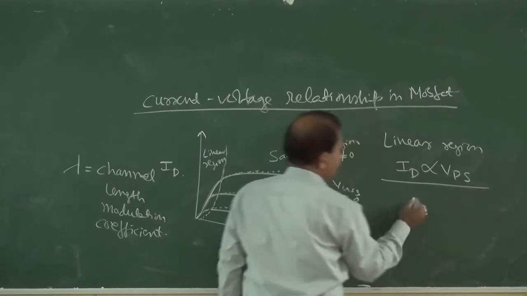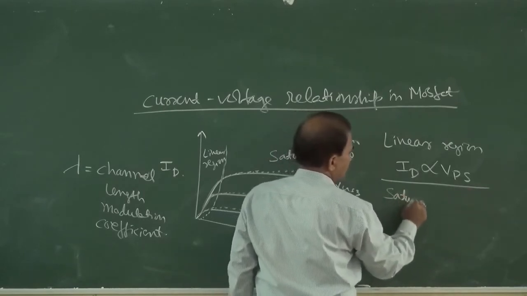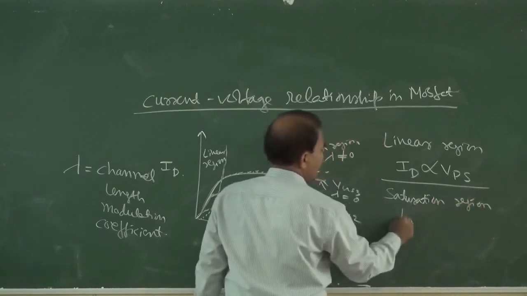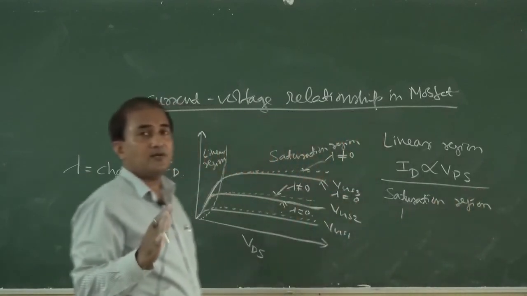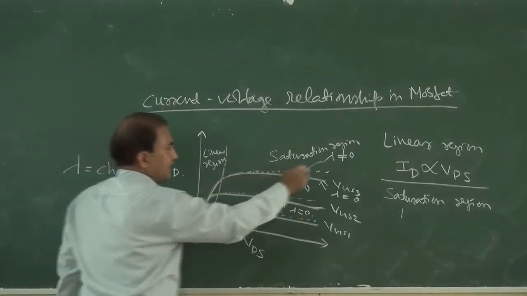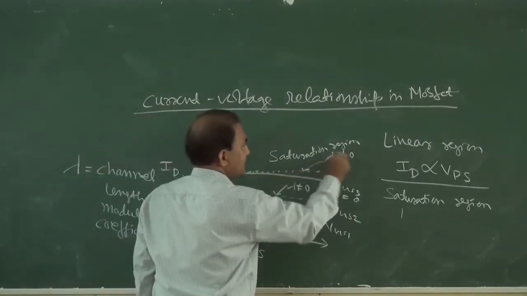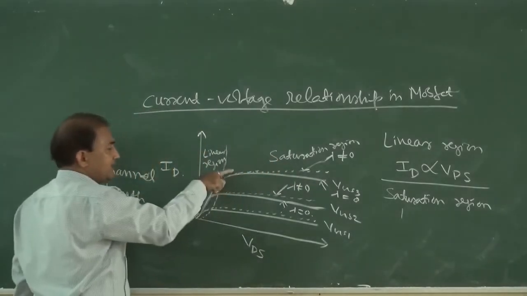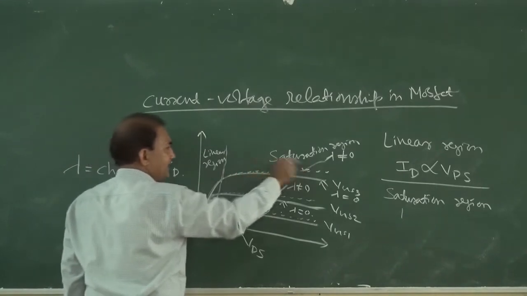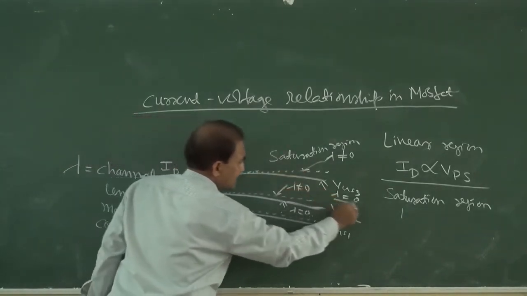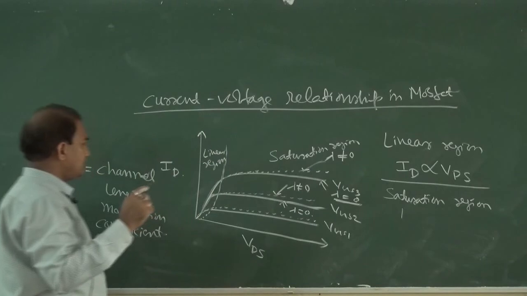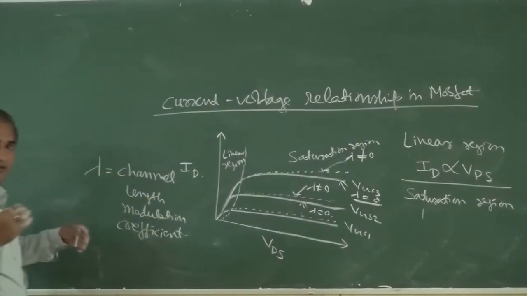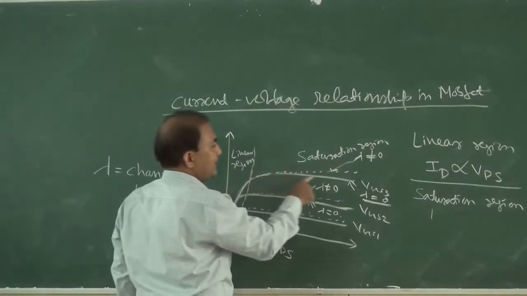In case of saturation region, we can see ID is not directly proportional to VDS. It is like this. If lambda is not equal to 0, then we can see that it is somewhat elevated. And if we are neglecting the channel length modulation effect, then the graph will look like this.